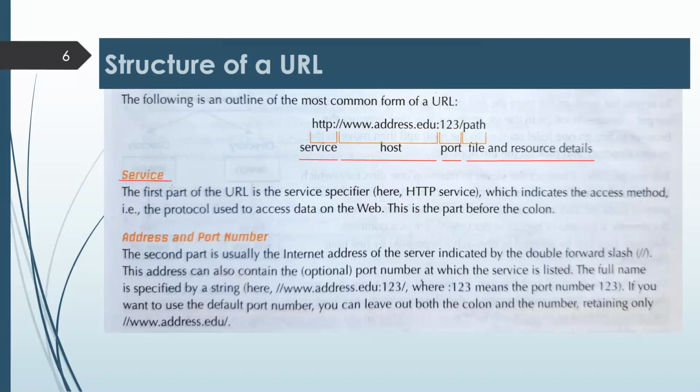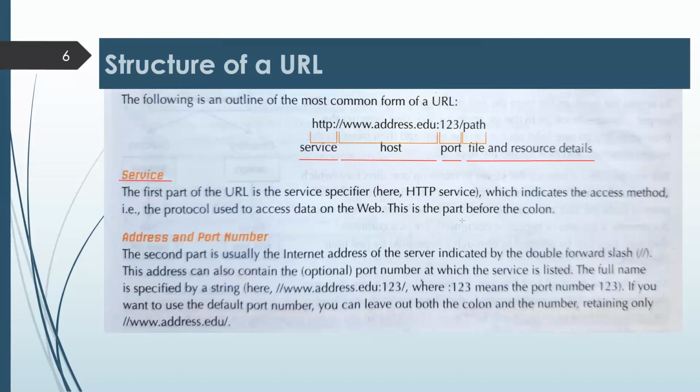Okay, so the first part, HTTP service. The first part of the URL is the service specifier. What type of service are you having? Here, the HTTP service, hypertext transfer protocol. Why? This service is always shown because internet documents are in hypertext markup language.